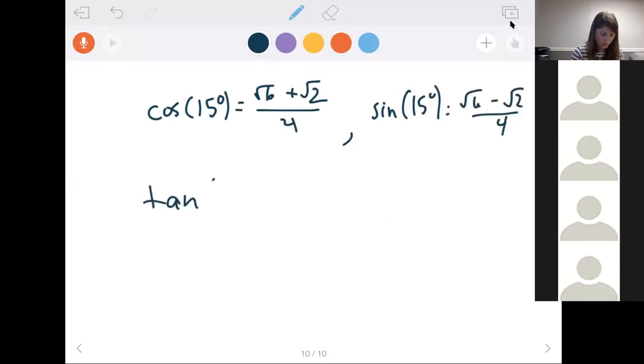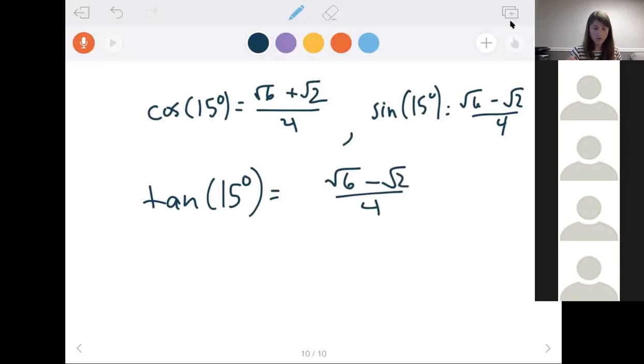Okay, so let's clean up this tangent a little bit. So if we did sine divided by cosine, we'll have our sine. And then instead of dividing by our cosine and making this look like a complex fraction, dividing is the same thing as multiplying by the reciprocal.